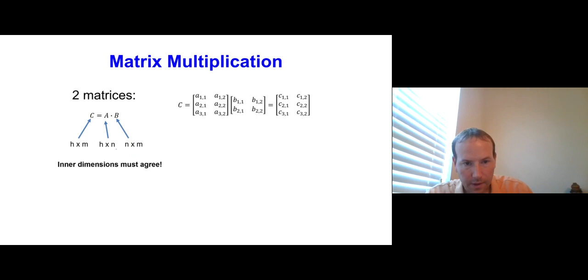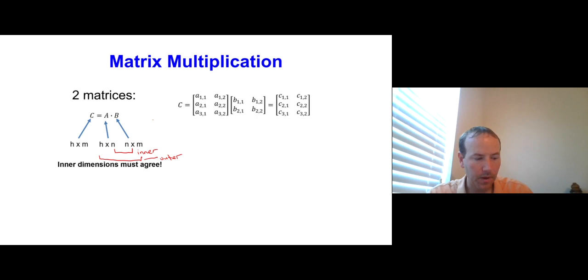So these are what are called the inner dimensions, n, and then h by m are what are called the outer dimensions. Okay, and it's important that these are the same number. That's why we say h by n and n by m.